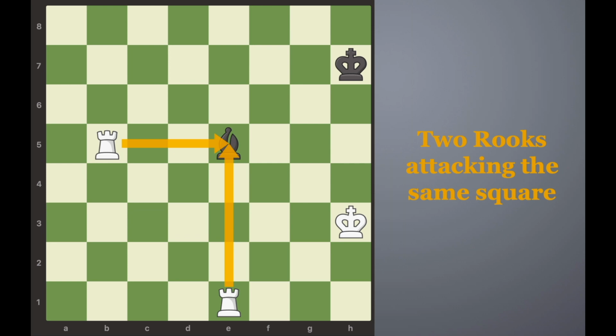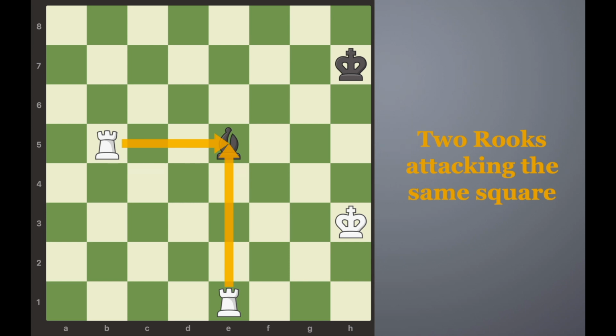Now let's see another example where we have two pieces attacking the same square and anyone can capture. There are two rooks on b5 and e1 who can capture the bishop on e5. If there are two similar pieces attacking the same square, then you need to specify the piece either with file or rank.